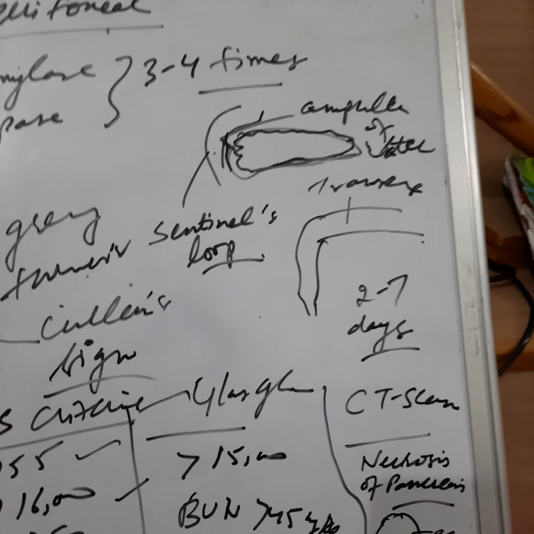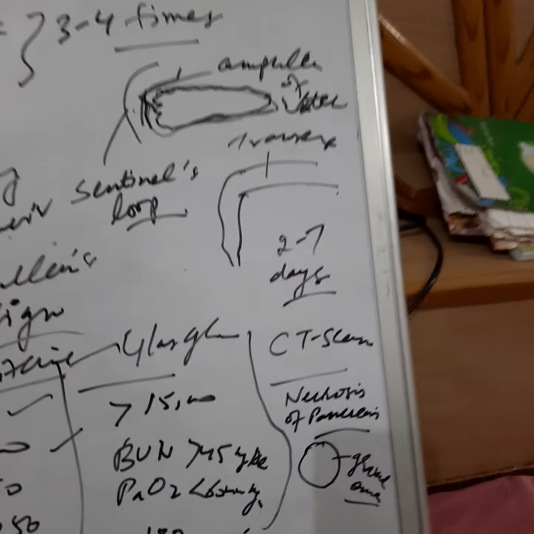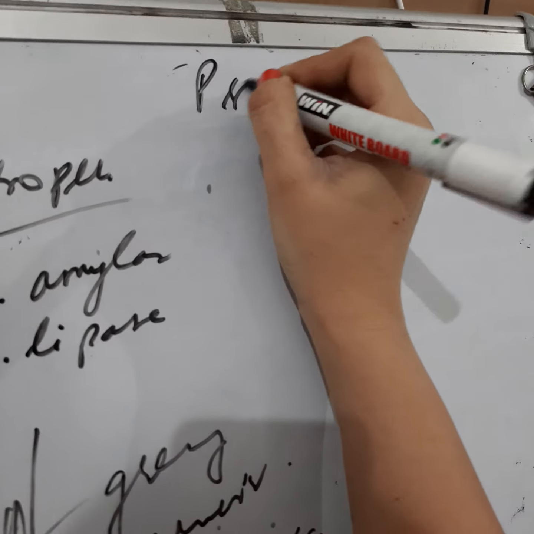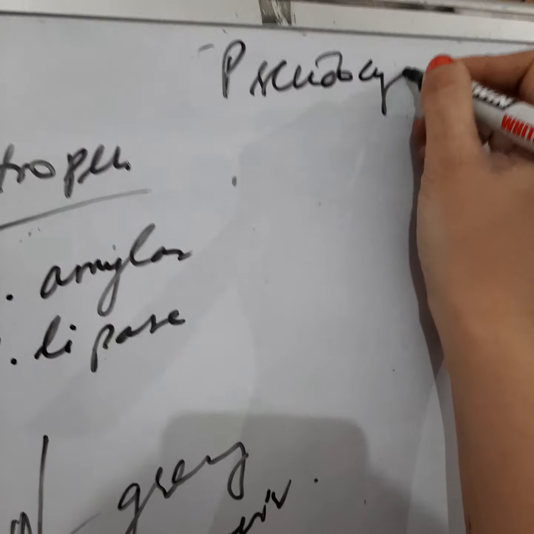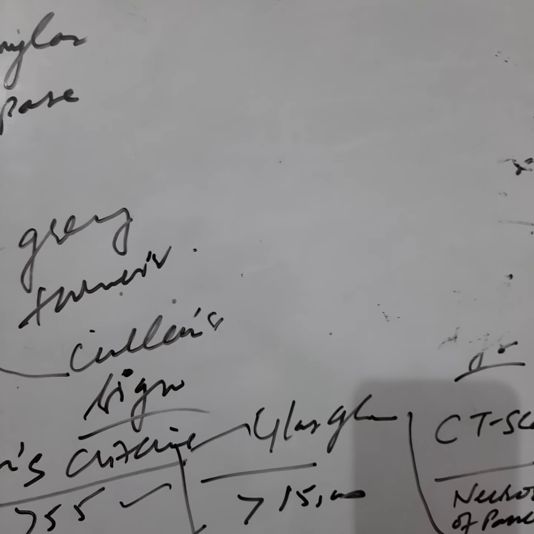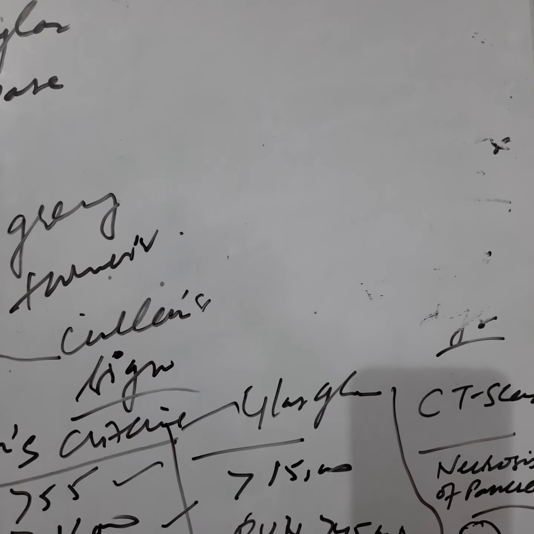And the next one is the pseudocyst of the pancreas. This is very important. In case of pseudocyst of the pancreas, the cyst might be more than 1 centimeter.